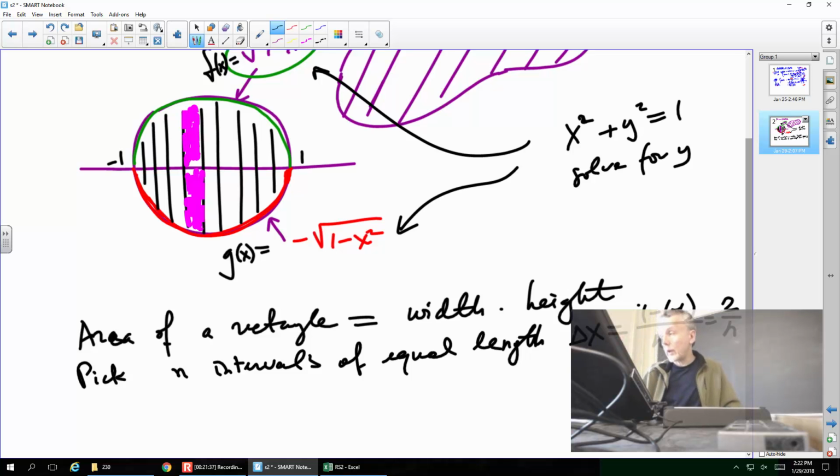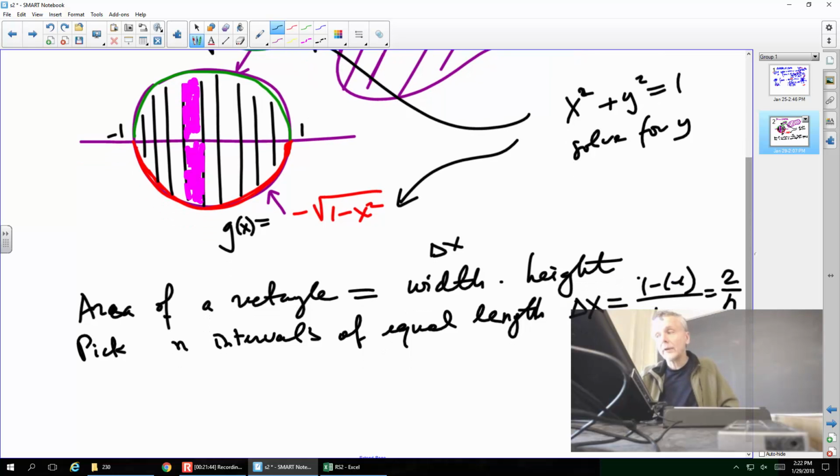Okay, so delta x, that's my width, will be 2 over n, and then the height varies. Height varies from location to location, but let me write the location first. So locations of where we slice our circle.